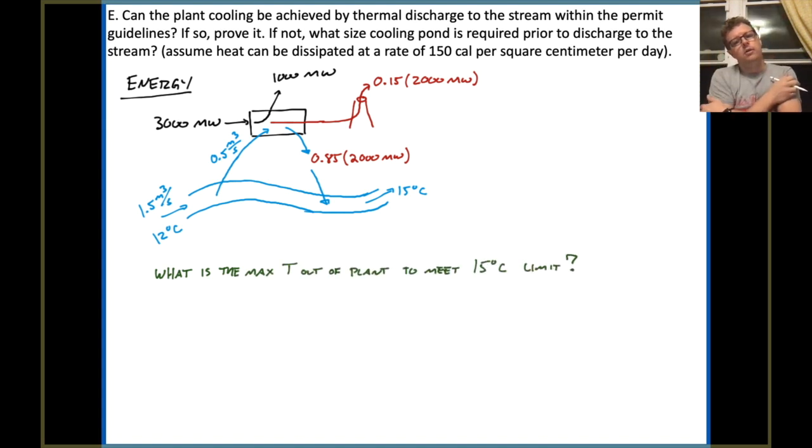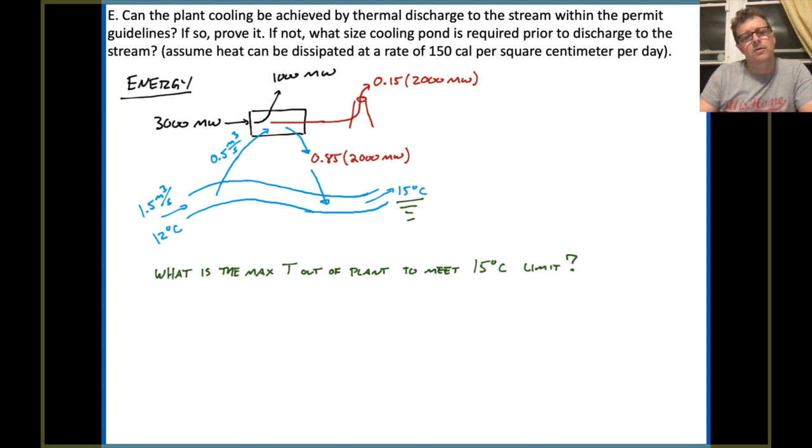And so there's a lot of places you could start trying to engage with this problem. I'm going to try to work it backwards from the downstream end. And what I'm doing here is I'm starting with this key limitation of 15 degrees Celsius.